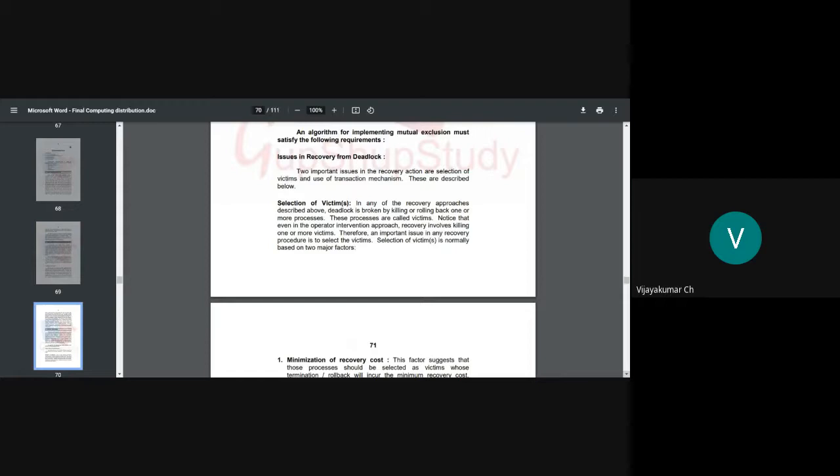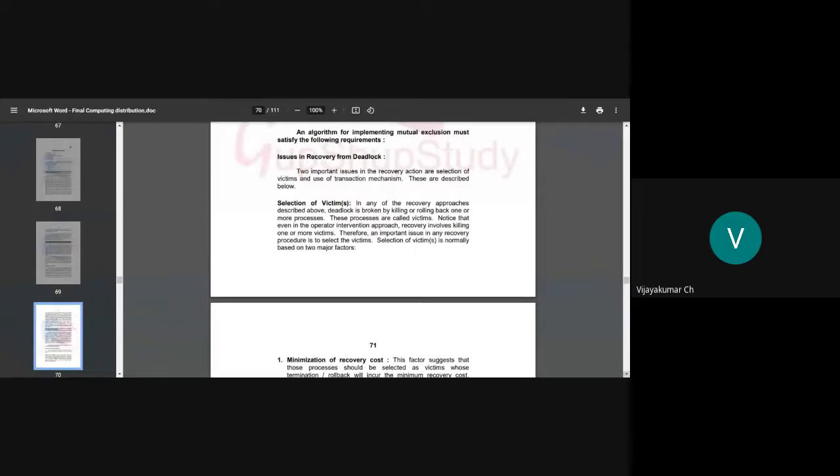Even in the operator intervention approach, recovery involves killing one or more victims.